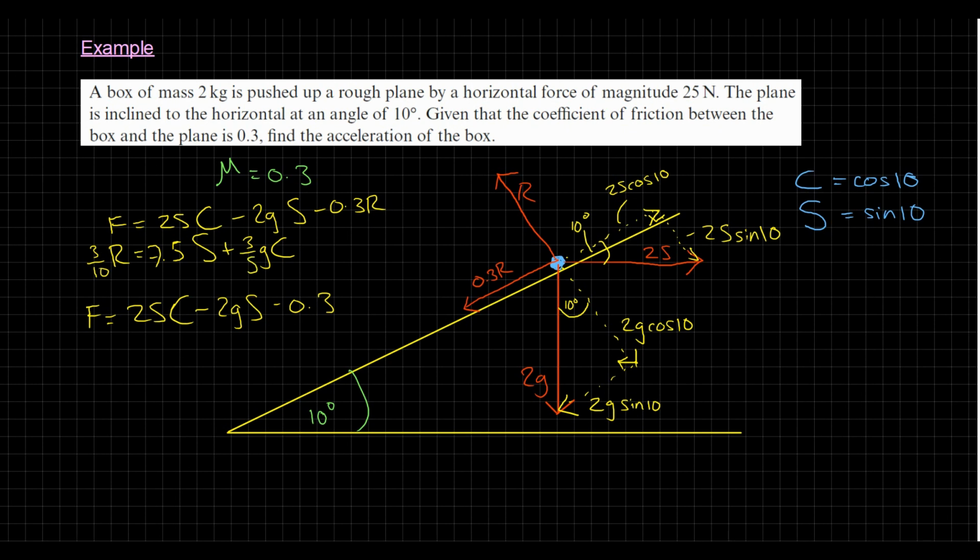Let's not mix these decimals and fractions, actually. 7.5, that's 15/2. Right, so now, taking away the 0.3R, that's 15/2 big S minus 3/5 g big C.